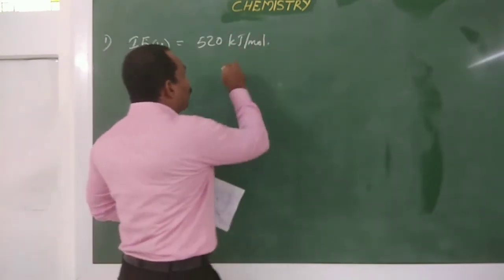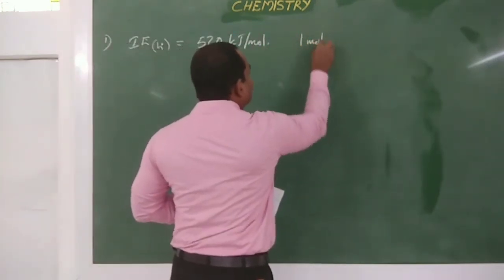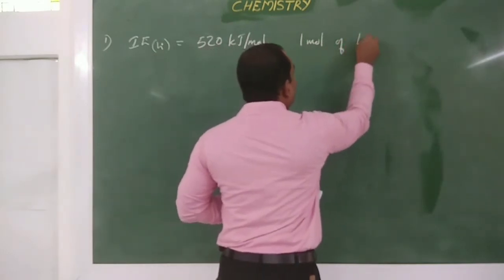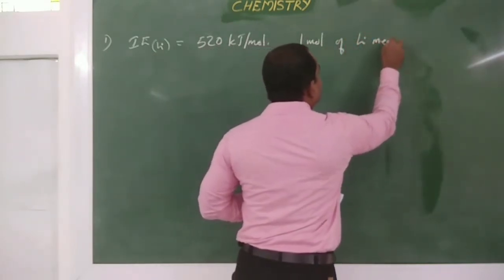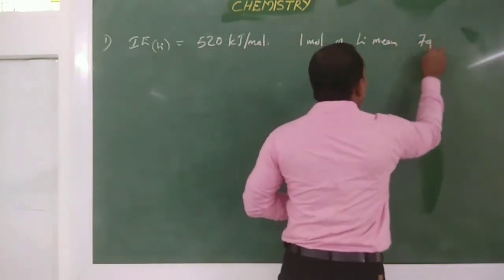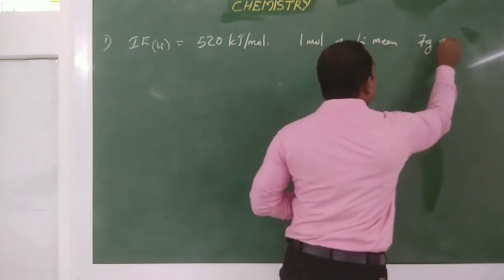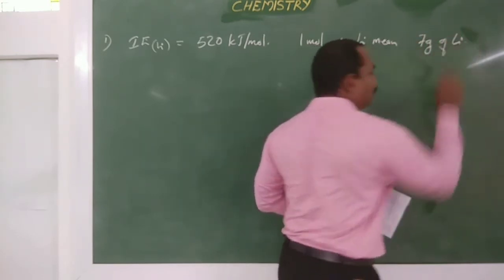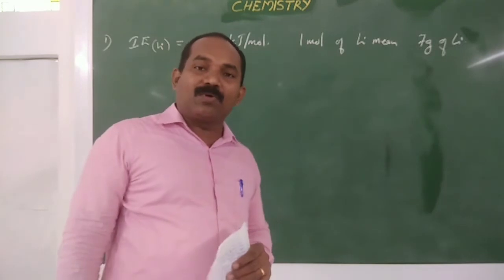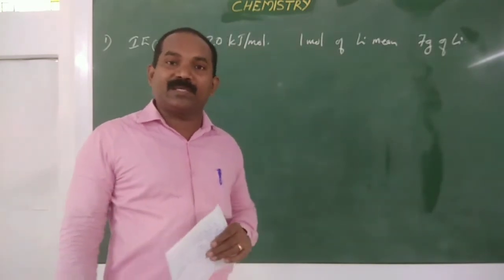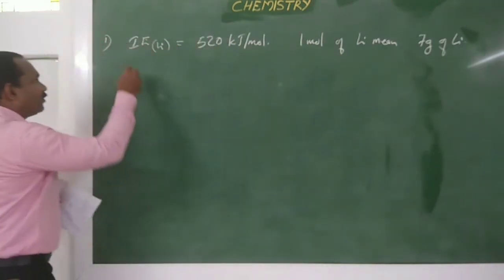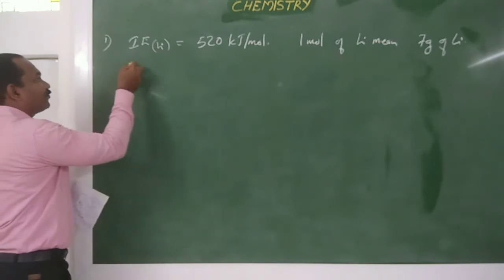1 mole of lithium means 7 gram of lithium. The molar mass or atomic mass of lithium is 7 gram. But we have been given the mass of lithium.